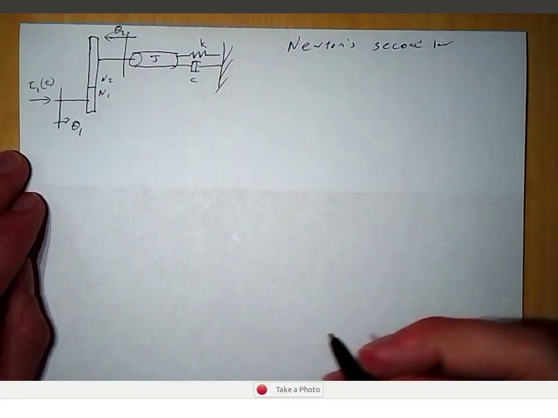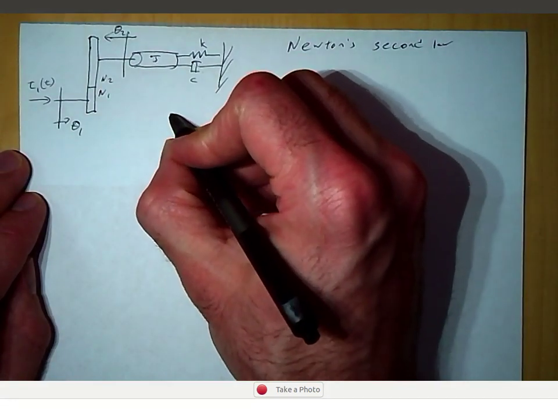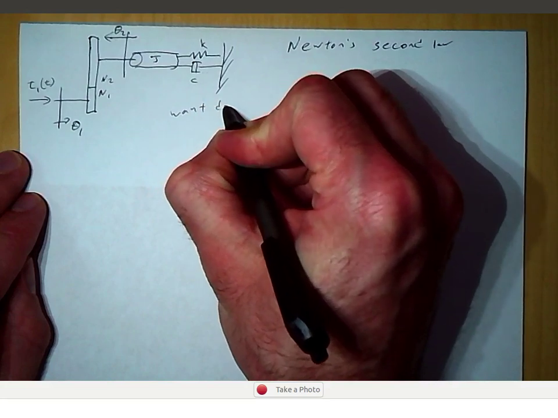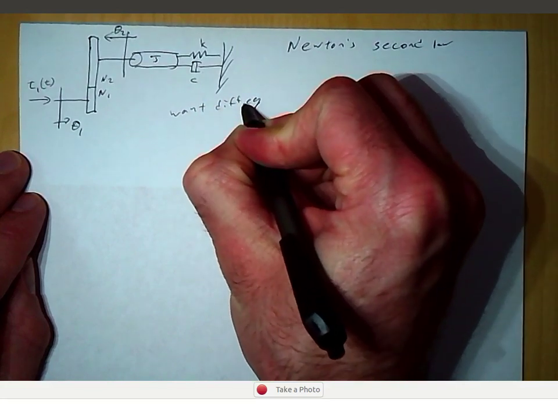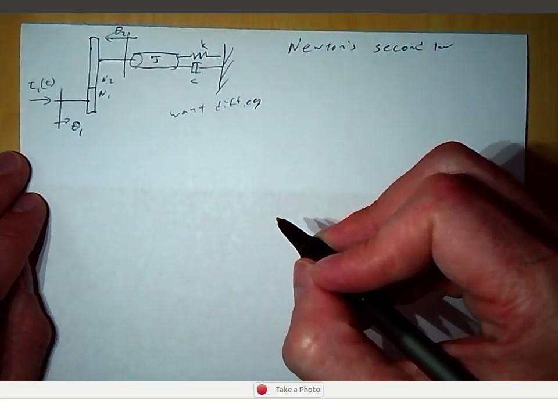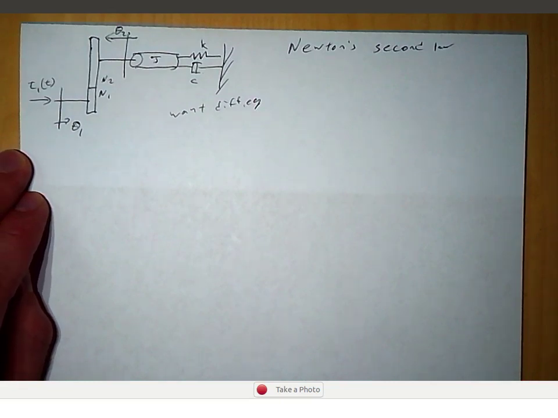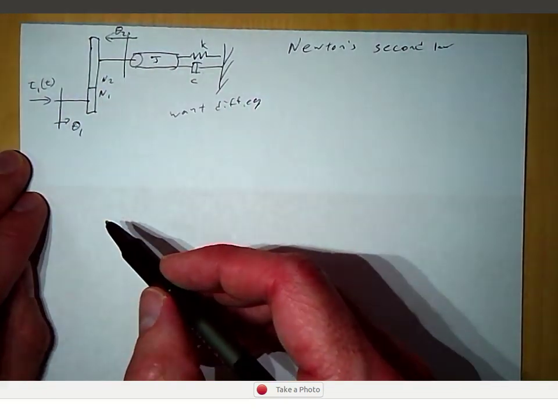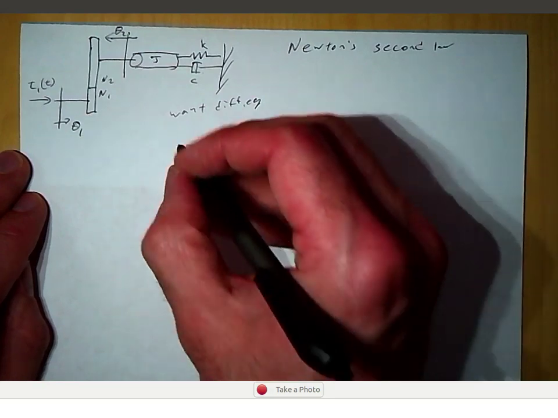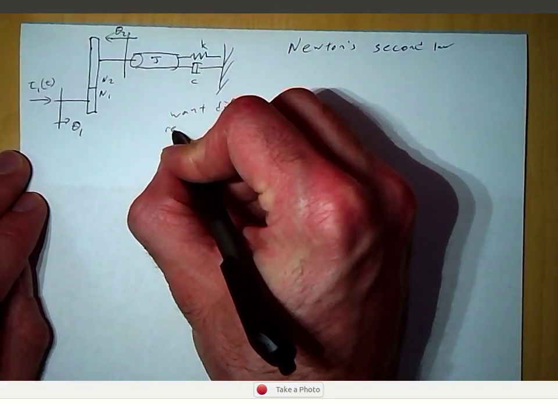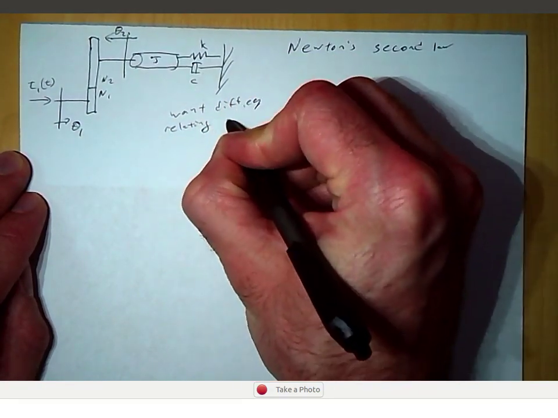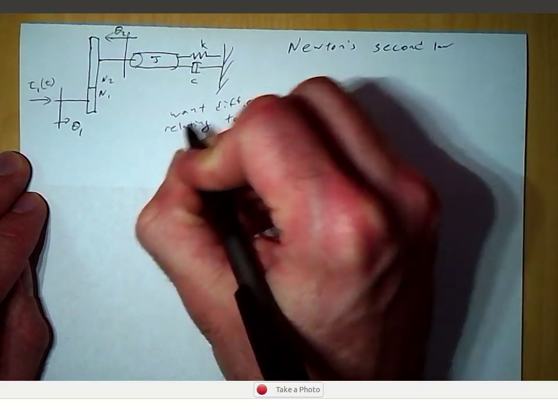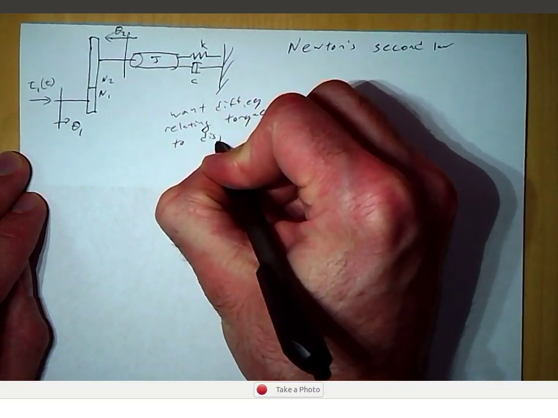And what we want is a differential equation relating the torque tau 1, the input torque, and the displacement, the output displacement. Or, since these two displacements are proportional, the input displacement. But we want a differential equation relating torque to displacement.